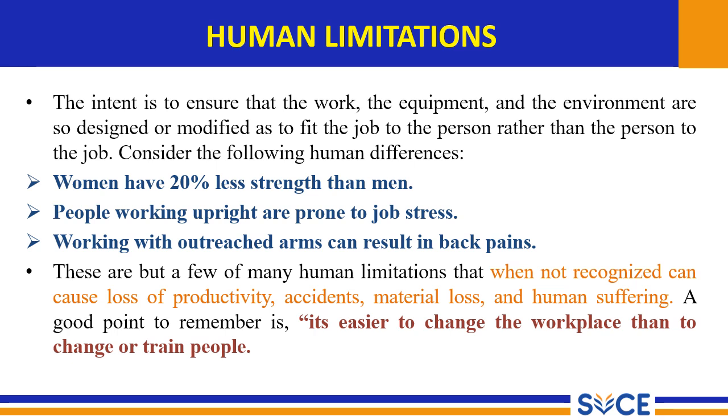If they work continuously for 10 hours in the sunlight, they might experience this kind of job stress. Working with outstretched arms can result in back pain. These are all the human differences we can see whenever a person is working in an environment.